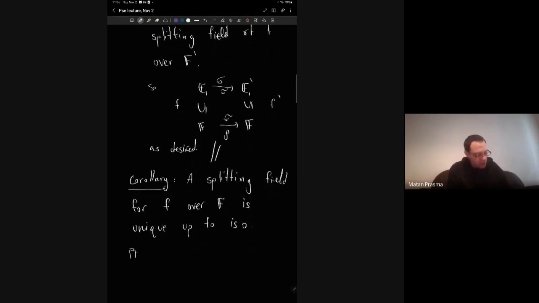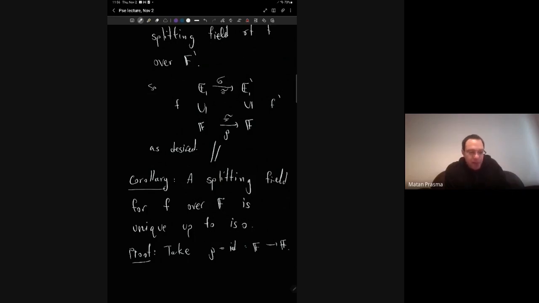How do you show that? Well, in the previous theorem, you take rho to be the identity map between F and itself.